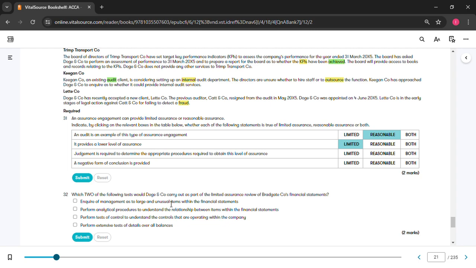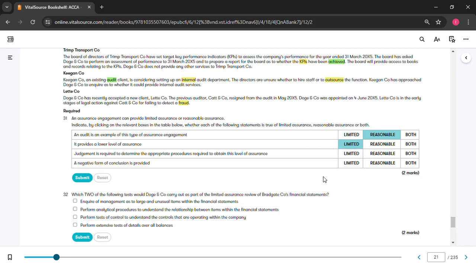There is a possibility that by the time we complete the audit, you will provide limited assurance or reasonable assurance based on the outcome of the procedures.